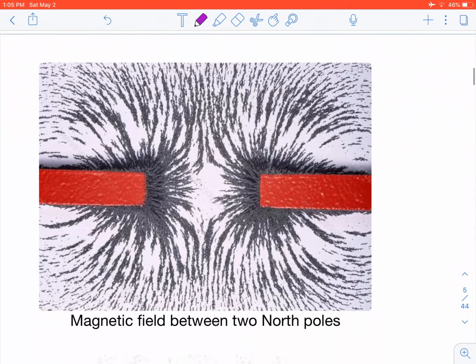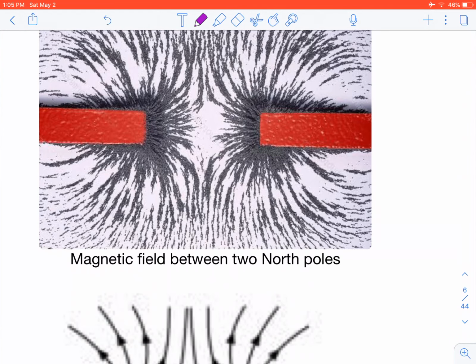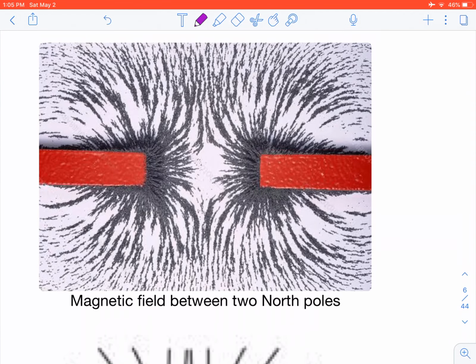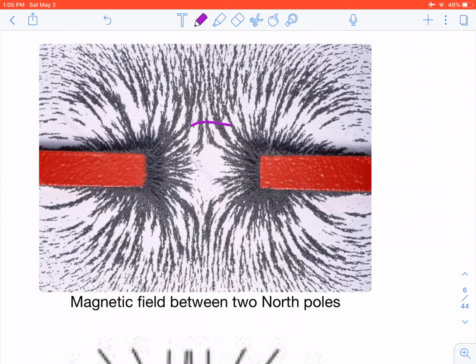Now let's look at two north poles. Again, we look at this particular region and we find that we have these fields, and there it seems like there's no field there. Obviously we could test it to see if a magnetic substance placed at that point is going to experience any type of force.